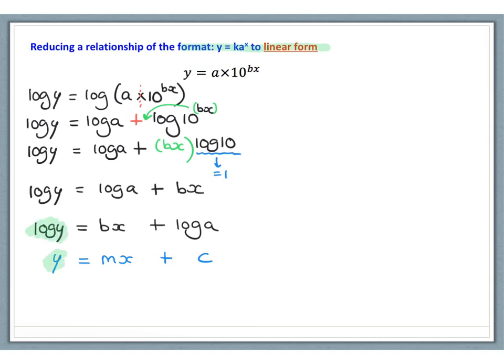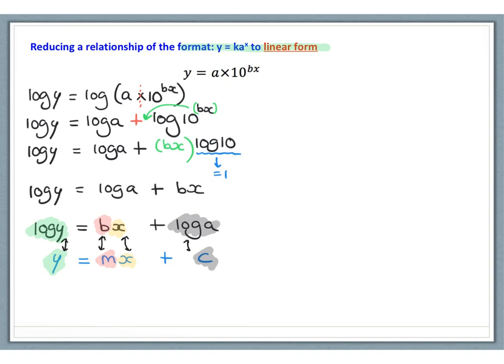Log y represents the y-axis. x is itself representing the x-axis. b represents the gradient, and the y-intercept is log a. So just as we did last time, we can match up everything that we need.